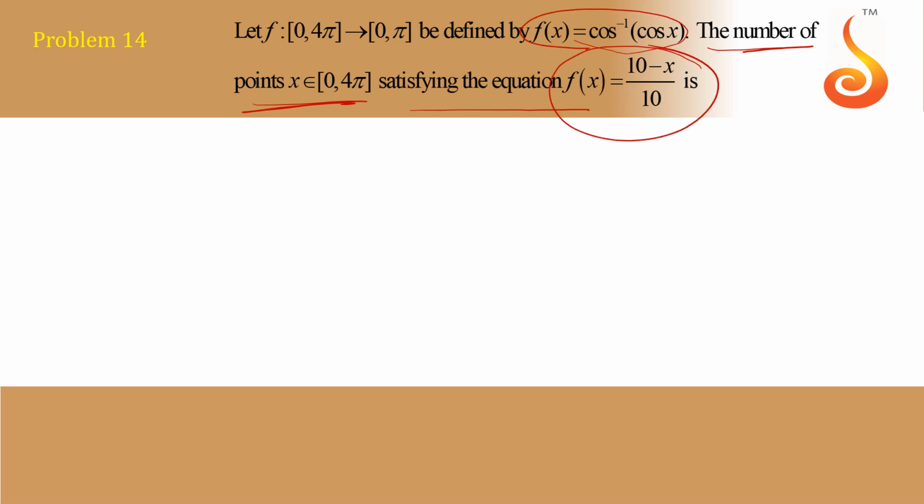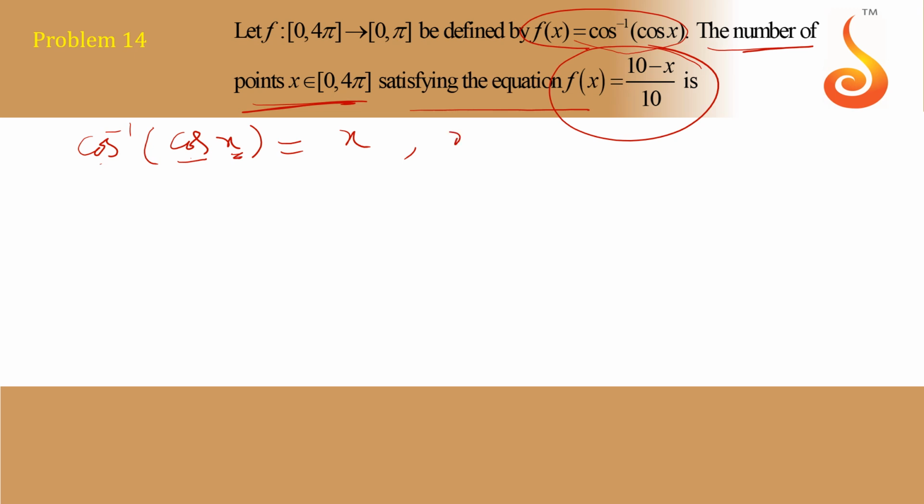So you know that cos inverse of cos x is x, yes, but only when x is in an interval where cos is a bijection, so that this cos inverse will remove the cos.